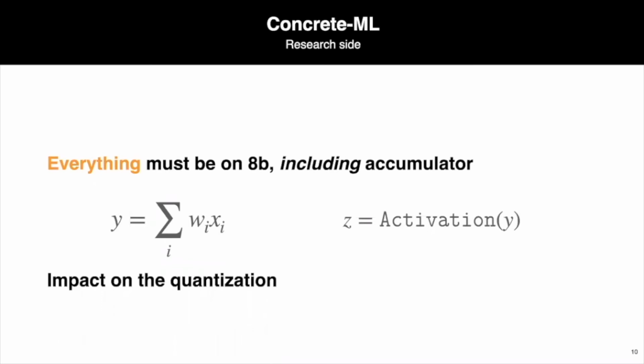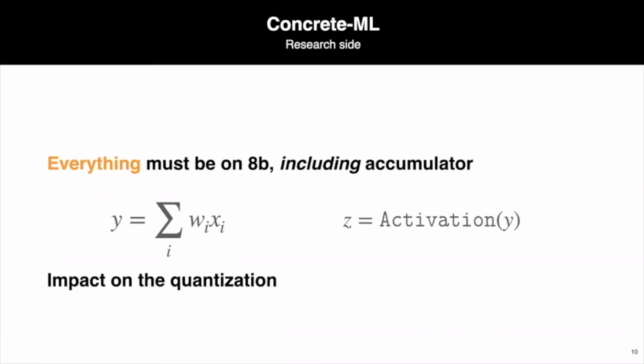And of course, when you add the product of a lot of w_i x_i, you are going to end up with a y which can be very large, like 16 or 32 bits, for example. For us, it's not possible to have that.